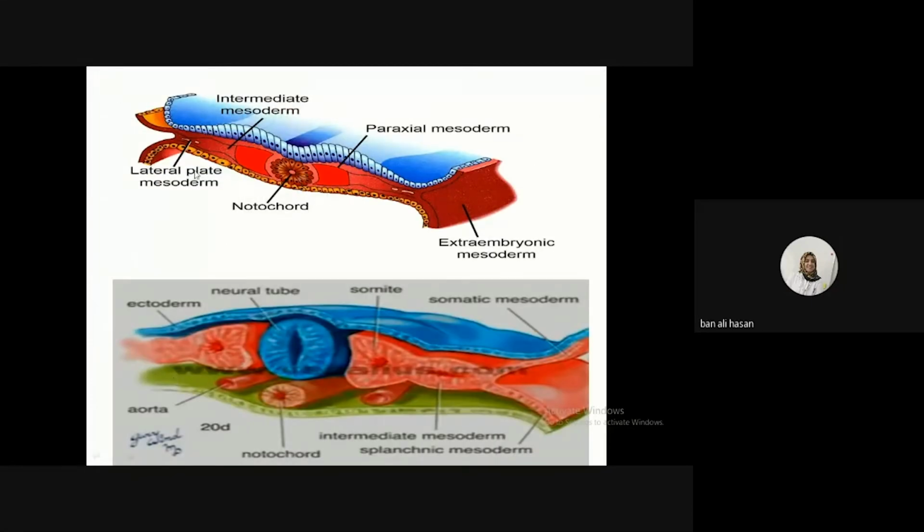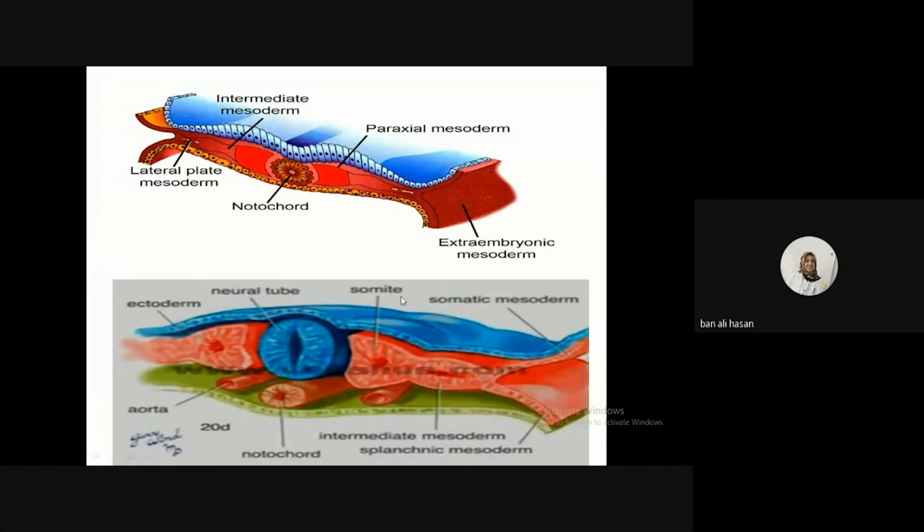Okay. So, paraxial mesoderm. Again, we said that we have paraxial mesoderm, intermediate mesoderm, and lateral plate mesoderm. We will consider the paraxial mesoderm and lateral plate mesoderm. So the paraxial mesoderm forms somitomeres and somites.